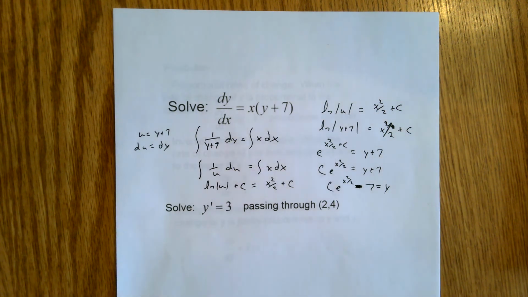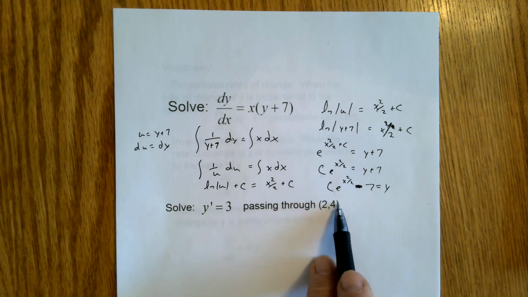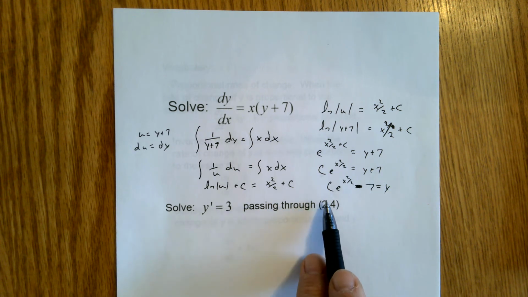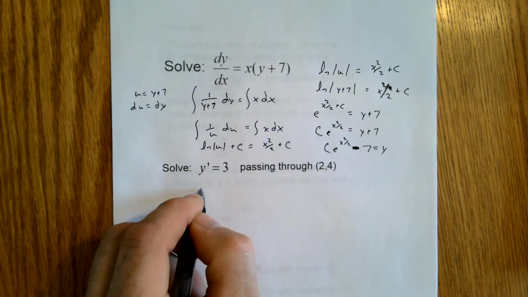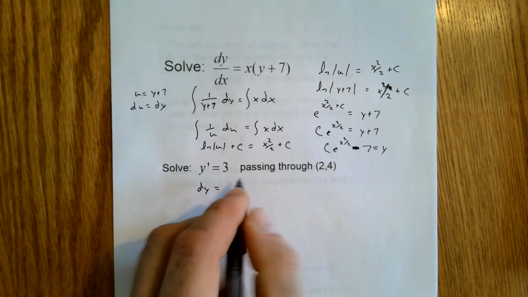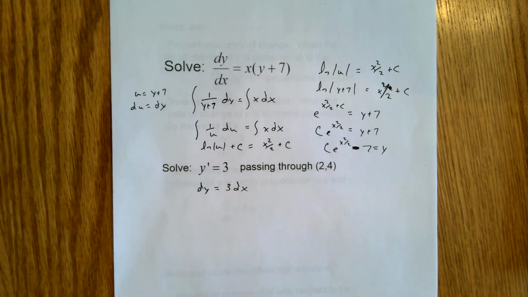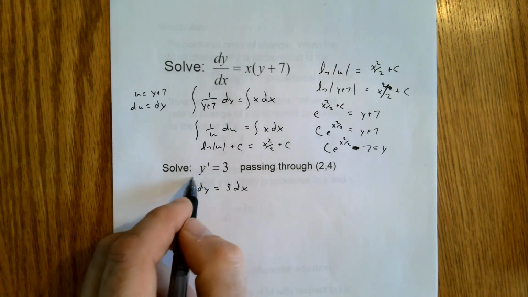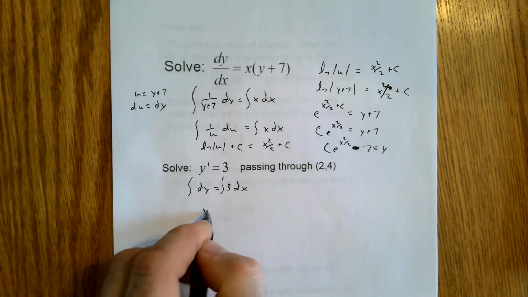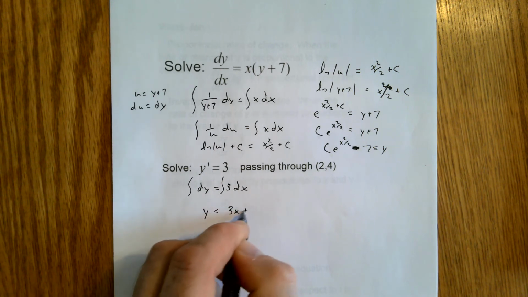Kind of fun, huh? All right, our next equation, we're going to ask you to solve y prime equals 3, and then passing through that point 2, 4. So remember, if we pass through a point, that's giving us our initial information. If they give us some initial information, that means that we're going to be able to find that c value. So I know that dy is going to equal 3 dx's. Since I go ahead and integrate both sides, I get y equal to 3x plus c.